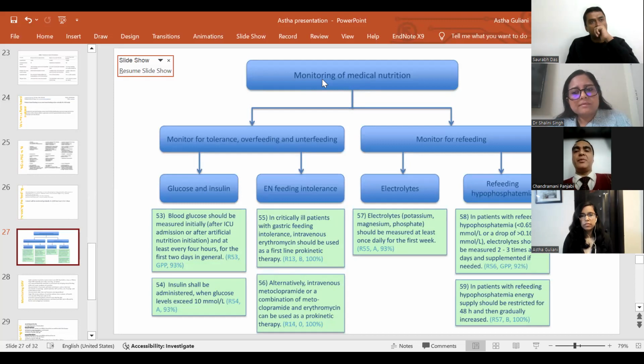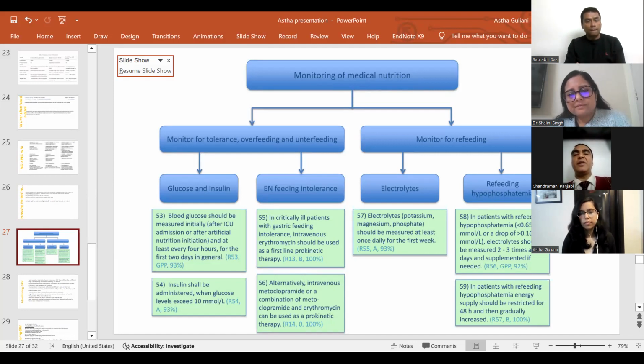Was there any problem in the feeding of the patient? Did the patient have any aspiration coming out from the nasogastric or nasojejunal feed? And what is today's nutritional requirement? Whether we want to give 70%, 50%, 80%, or 100% of the total calorie requirement. How much protein we want to give, our dietitians take the round, they will calculate the total protein.